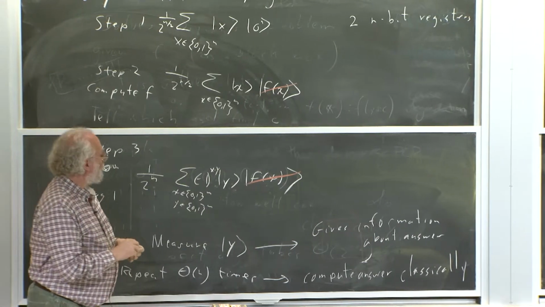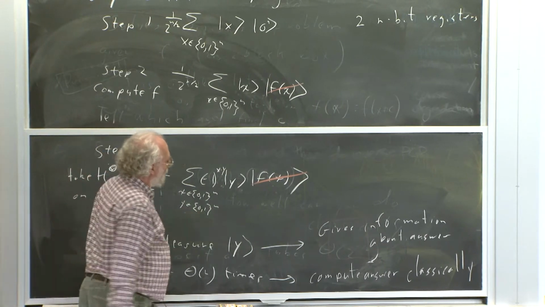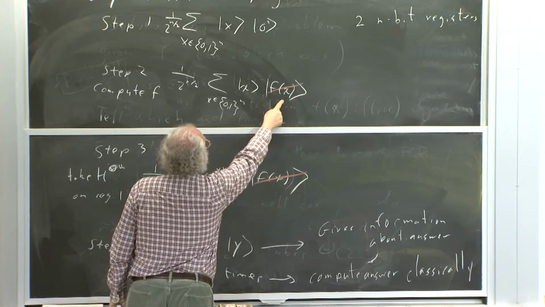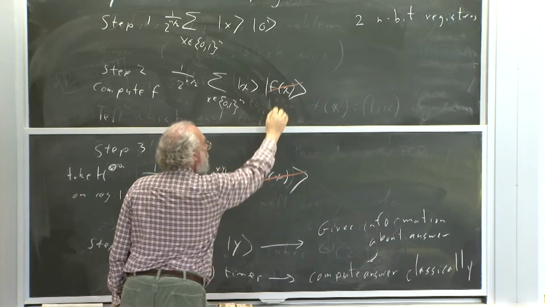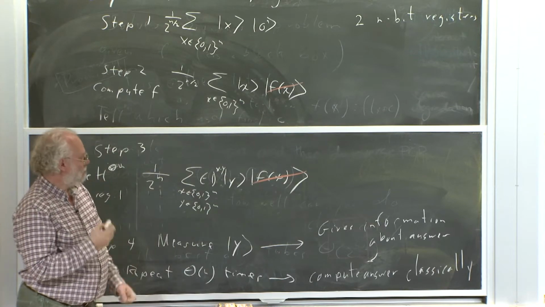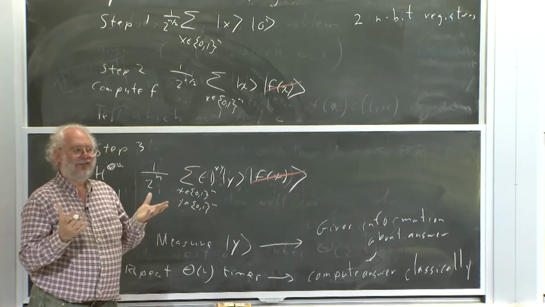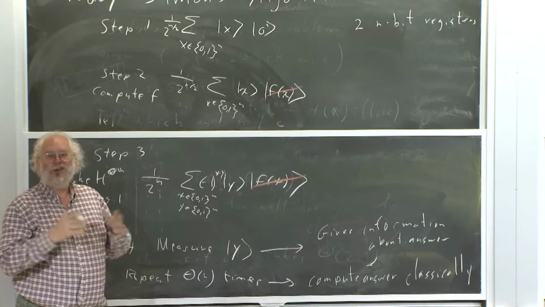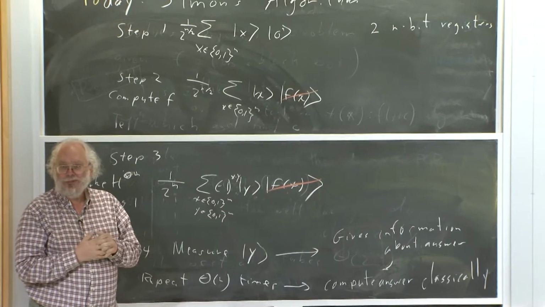So the reason this works is the back action from f of x to x when you computed f of x, which I think is very non-intuitive when you first look at this kind of stuff.